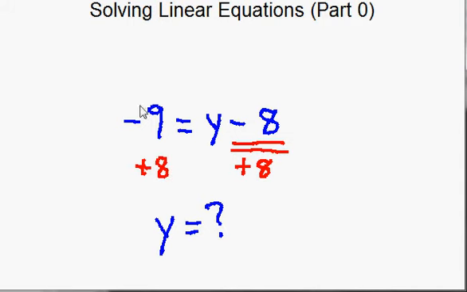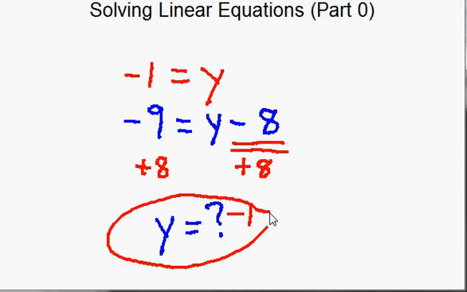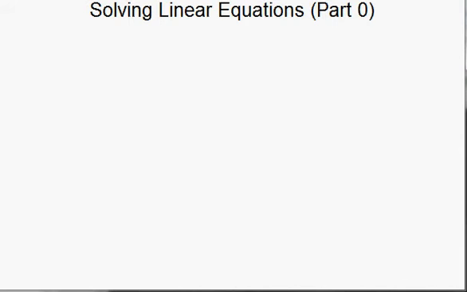So what do I get over here on the left? -9 plus 8 is -1, because that goes back to adding and subtracting positives and negatives. So on the left side, I get -1, and on the right side, -8 plus 8 is 0, leaving y. So y equals -1. That's the answer. Got it? Let's go on to the next one.